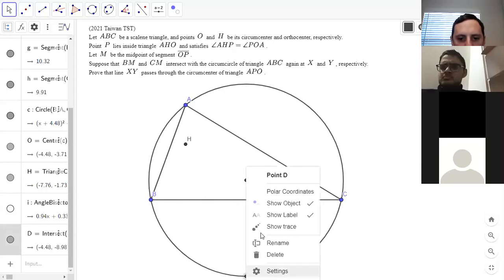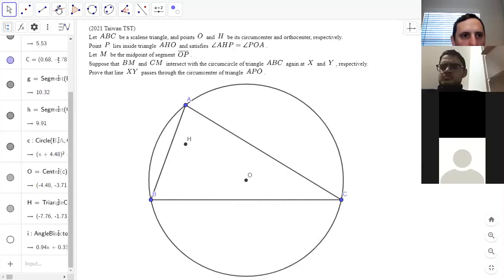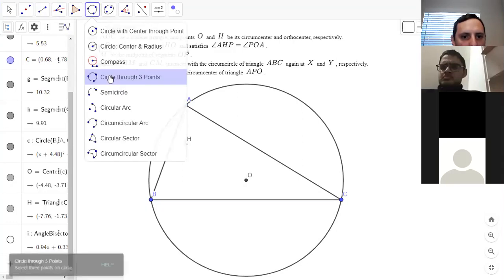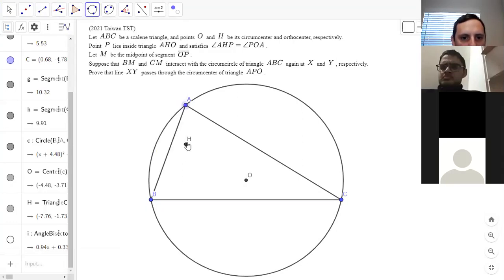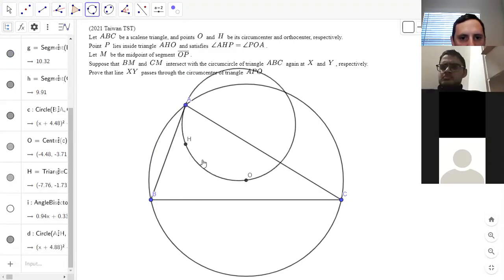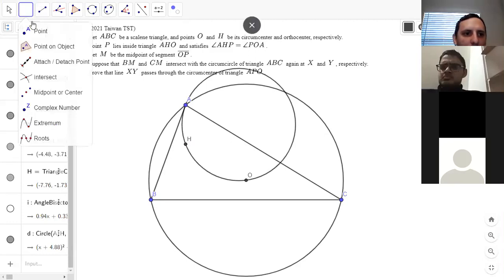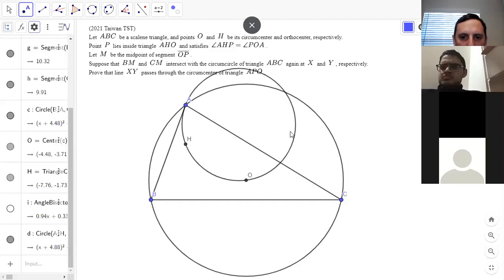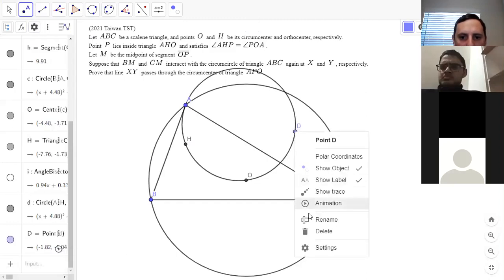You can draw the circumcircle of AHO. Okay. And choose a point P. But not that side. Yeah, on this side. So P is somewhere here.